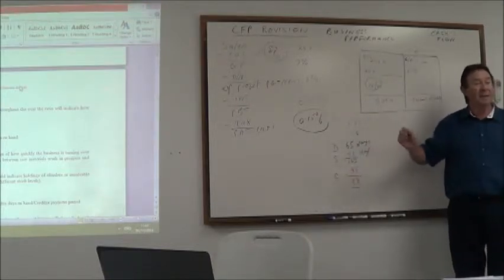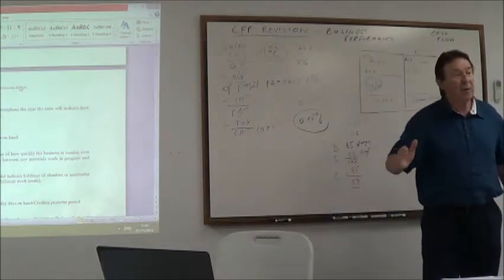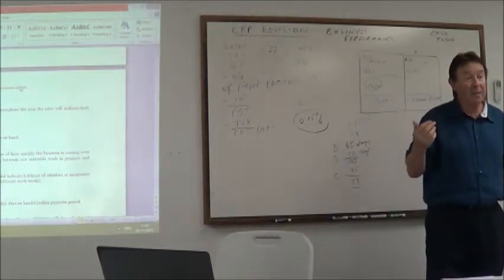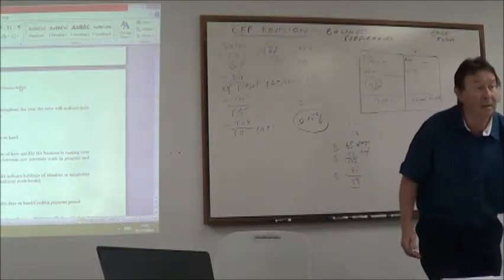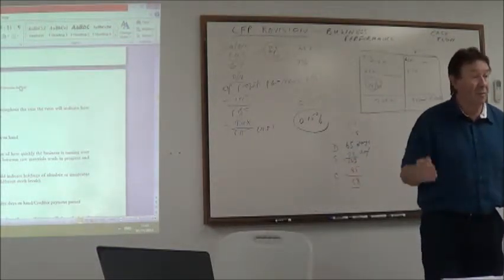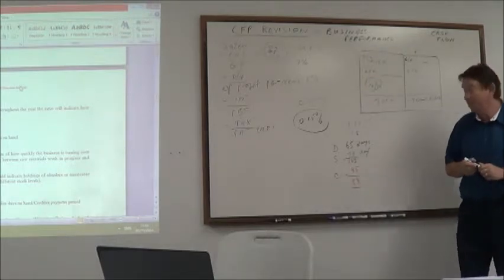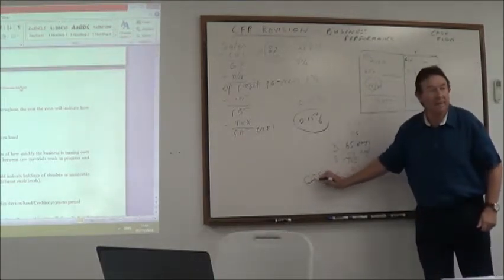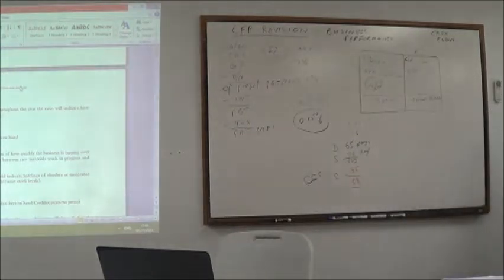Most people call it the working capital cycle, and that's what you read about in various textbooks. The more modern term is CCC, cash conversion cycle, which I quite like.